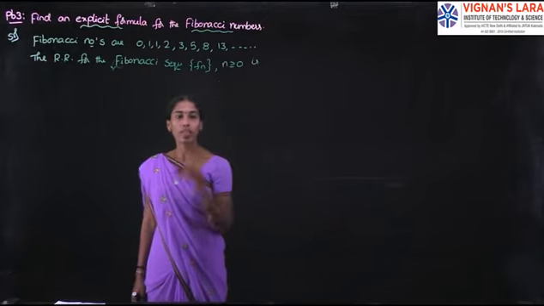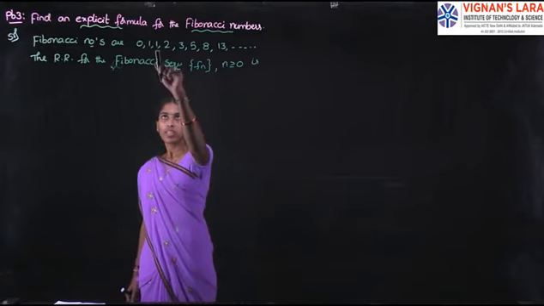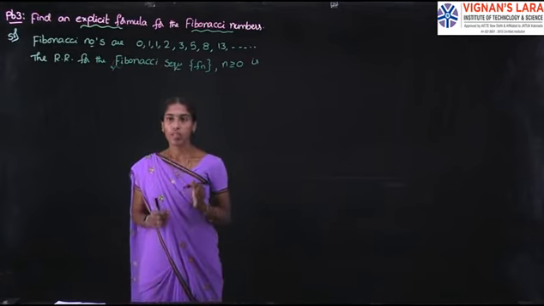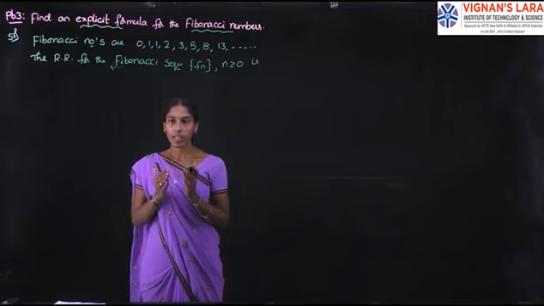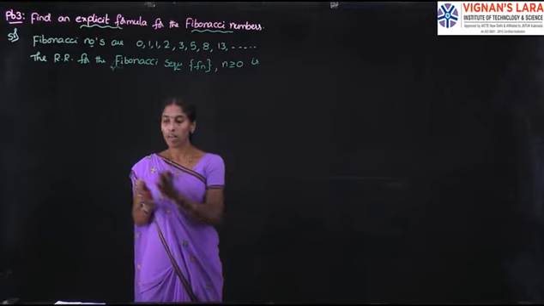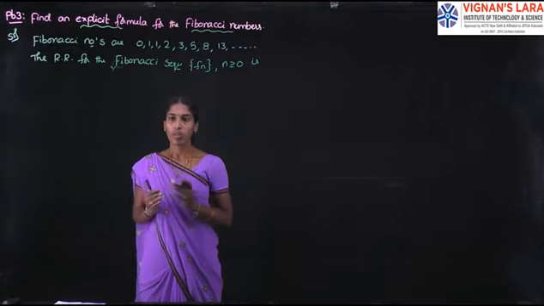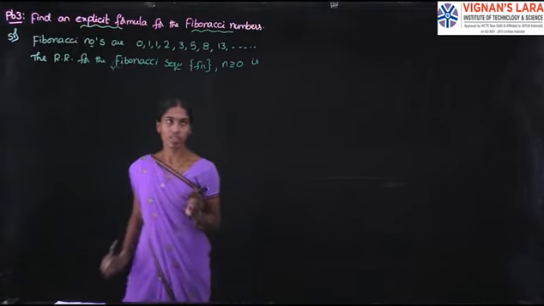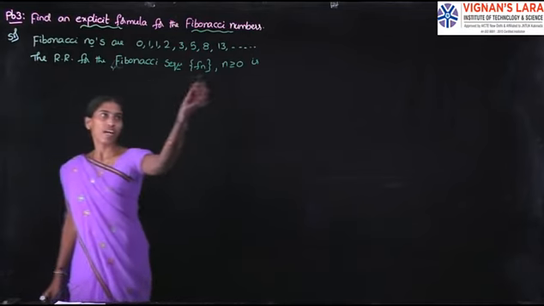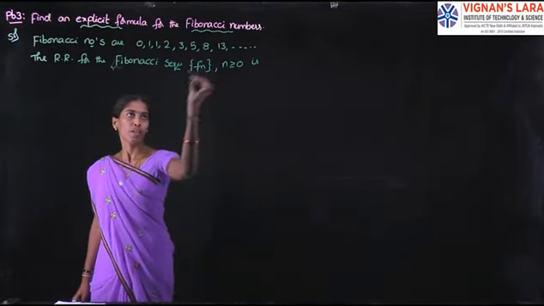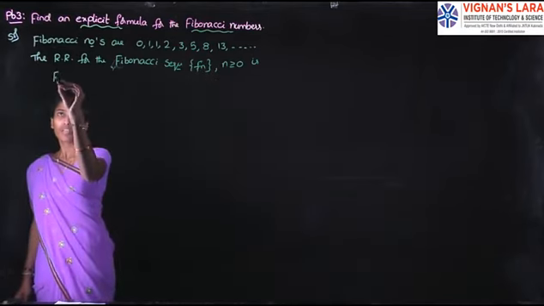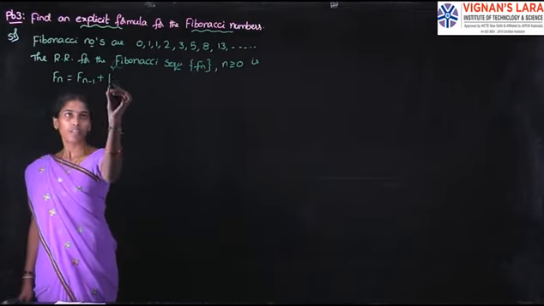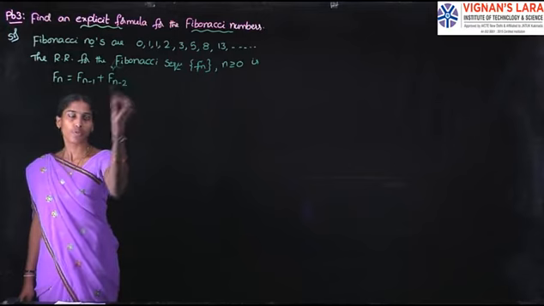How can we get the numbers? To get this third one, 1, we are adding the previous two terms. That means Fibonacci numbers are obtained by adding the previous two terms. So to start the Fibonacci numbers, we have to use the initial conditions, right? So we express it as, if we take it as uppercase letter Fn, how can we get Fn? Fn minus 1 plus Fn minus 2.